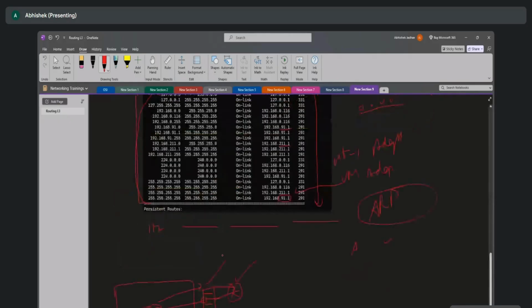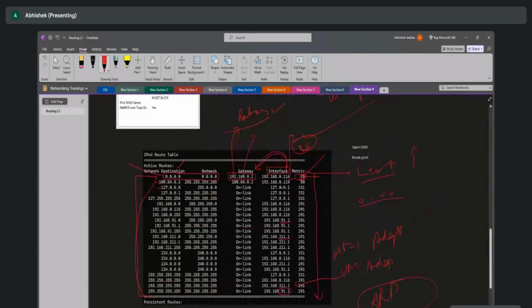Okay, now another thing we have already learned regarding this, but still we'll discuss another time. So we see here 127.0.0.1, and these are the loopback addresses. What's the use of this loopback address? The reason why loopback address is there for each and every network interface card is for testing the network interface card.